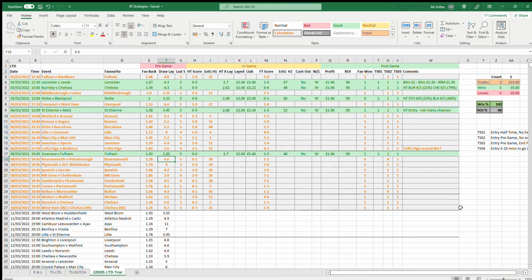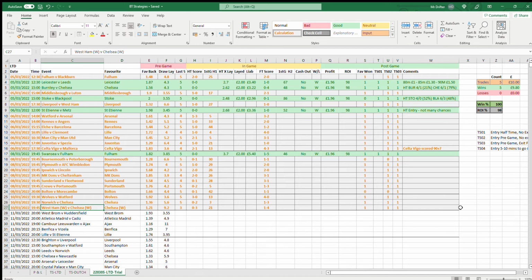But I think as soon as you lose one on trading strategy 3, it's going to get rid of a hell of a lot of the profit you've made, because you can see some of these later draws here. I mean, Chelsea ladies against West Ham, sorry, women, it's got W in brackets, which stands for women, so I'll call them that.